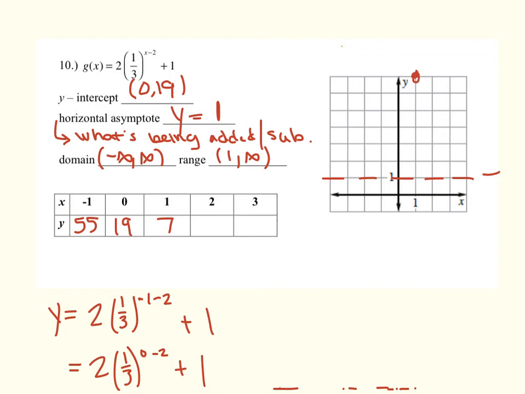Then I plug in 2, I would get 3. And plug in 3, I would get 5/3, or if we're leaving it as decimals, 1.6. So 2, 3, and 3, just a little over 1.5.